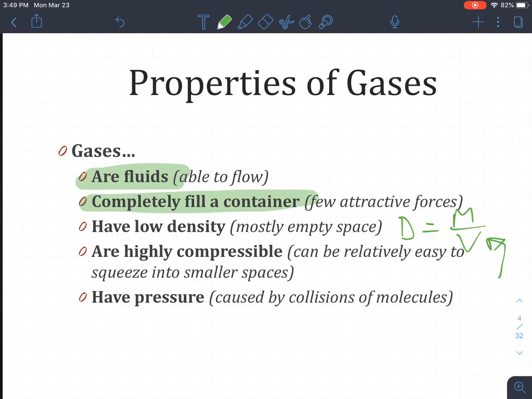Because they're moving around and they have lots of space to move around, it makes the volume larger. But the mass of the actual particles is very few since they're so spread out. So the mass divided by volume is very low. And that's what it means when it says it has a low density.